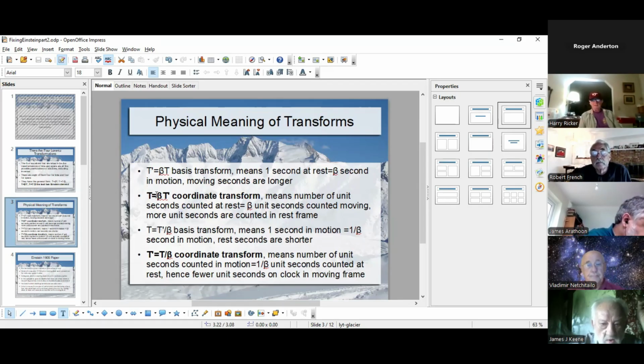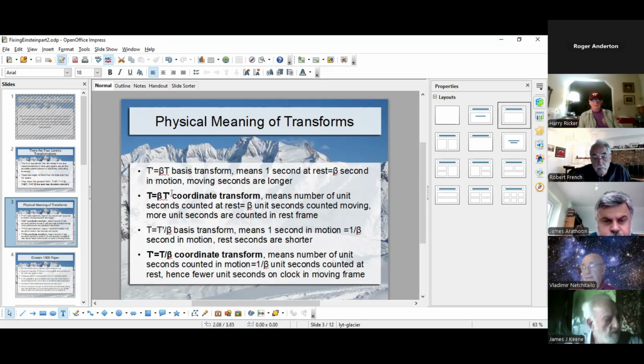T prime equals beta T is a coordinate transform. That means the numbers of the time units, or the ticks on the clock, if you will, how many are counted. That's what a coordinate transform means. It means how many measure units are counted. And we have a transformation T equals beta T prime.